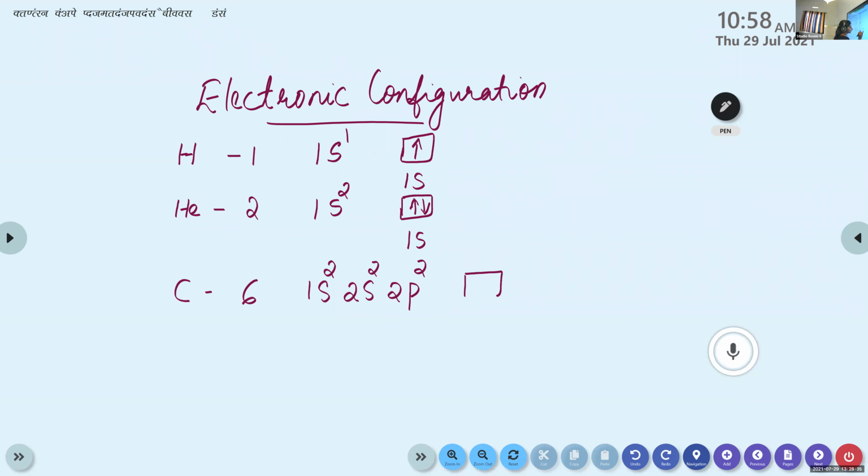So we can draw the orbital diagram. 1s2. Then the next one is 2s2. And the third one is 2p2. You have to remember the third rule, Hund's rule of maximum multiplicity. So you can draw like this.